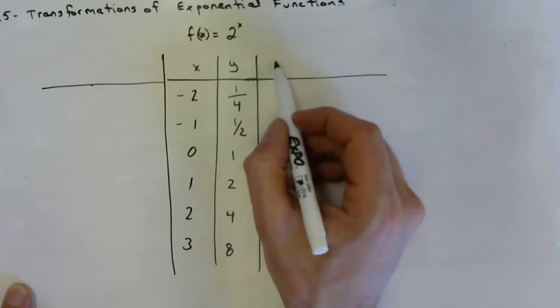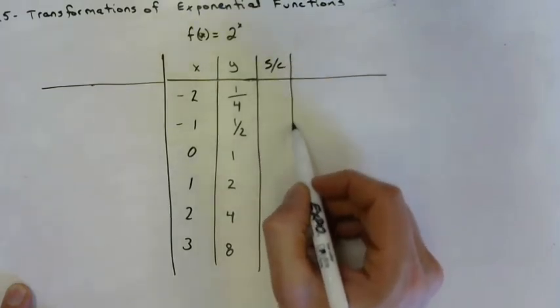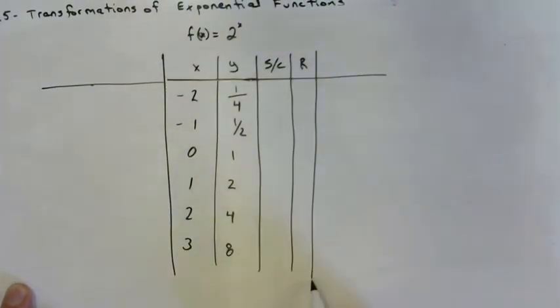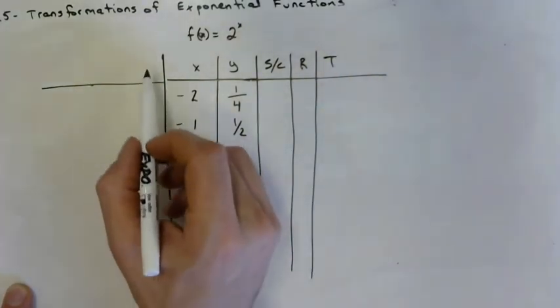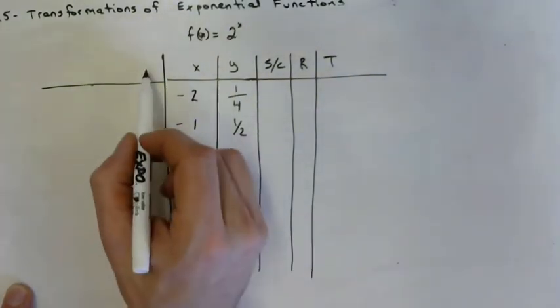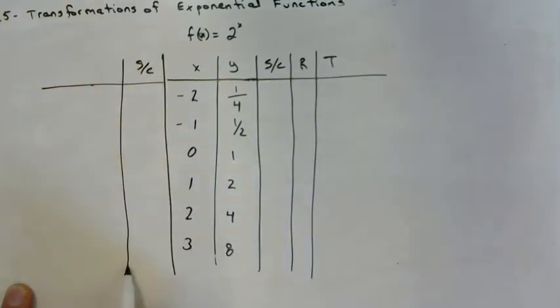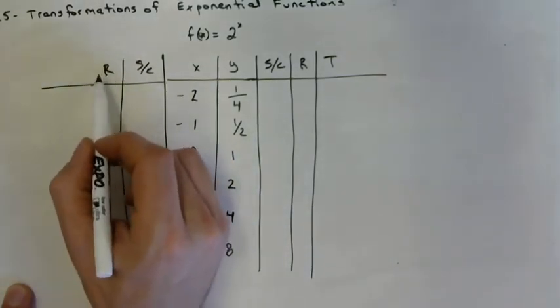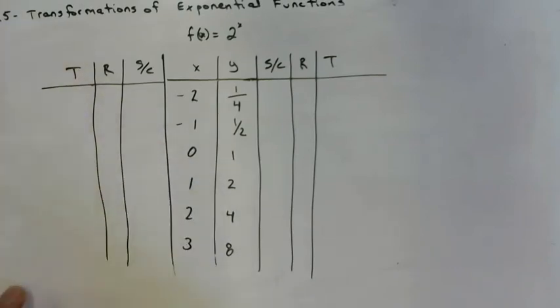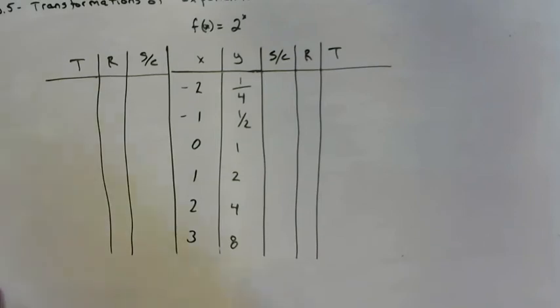So I'm looking at stretch compression, reflection, translation in the vertical, and then the horizontal, same thing: stretch compression, reflection, translation. My reference here from the problem is y equals negative 2 to the power of 2 times x minus 3, plus 5.